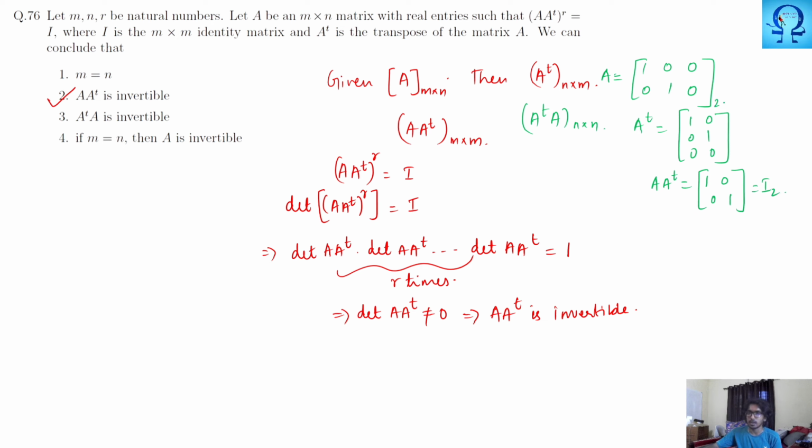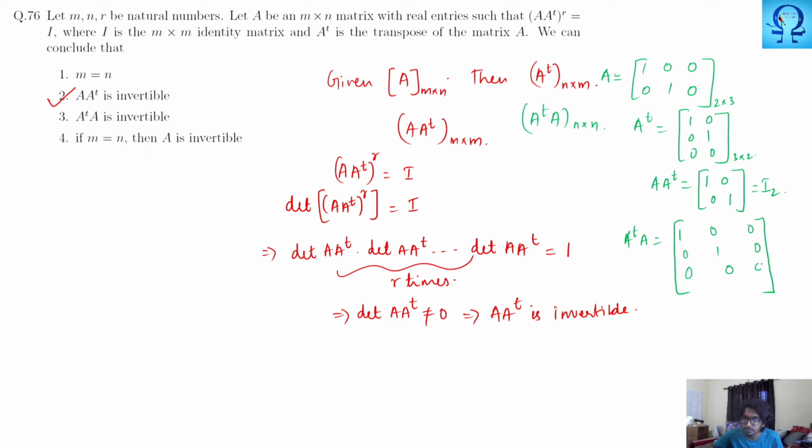Yes, this is a matrix of order 2 by 3 and this is of order 3 by 2, hence it is the case. And when I find A transpose A, I would get a 3 by 3 matrix, right? So this one with this one, this one with this one, and 0 1 0.